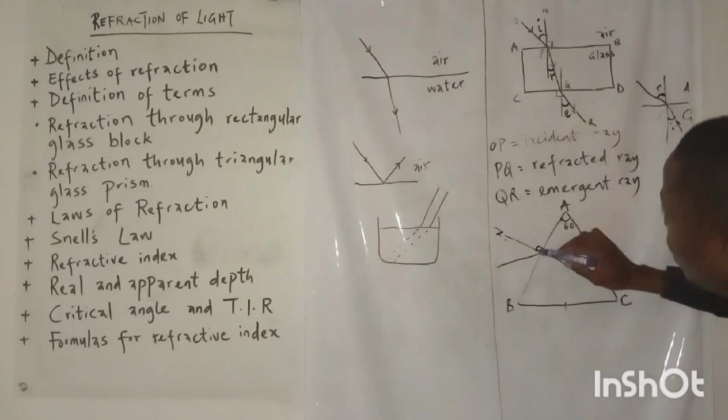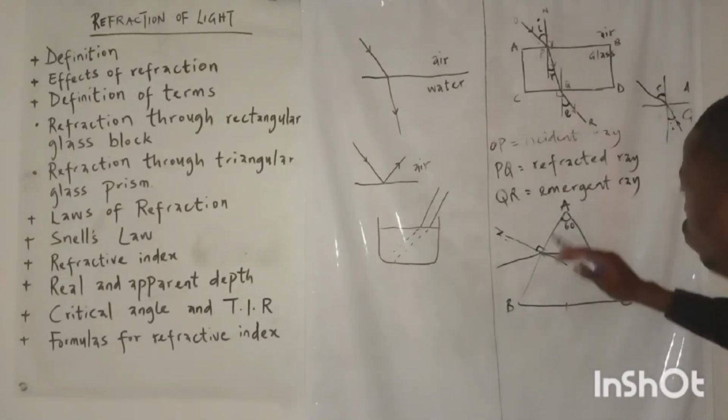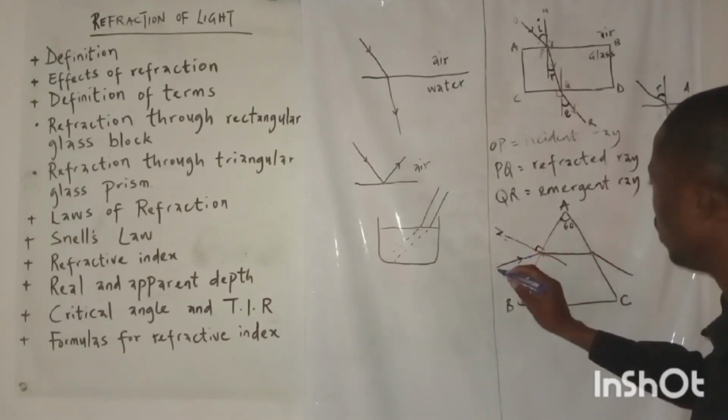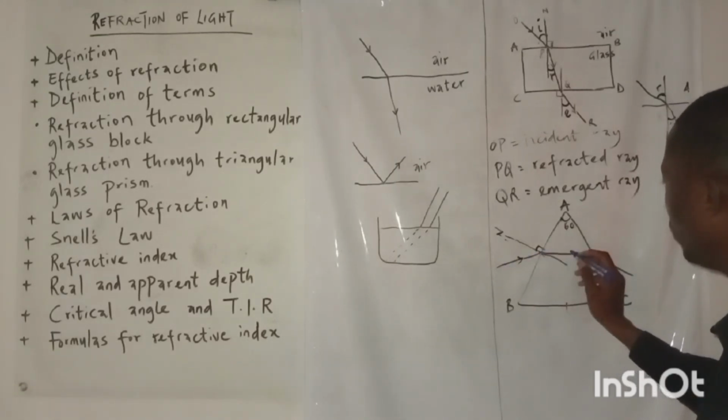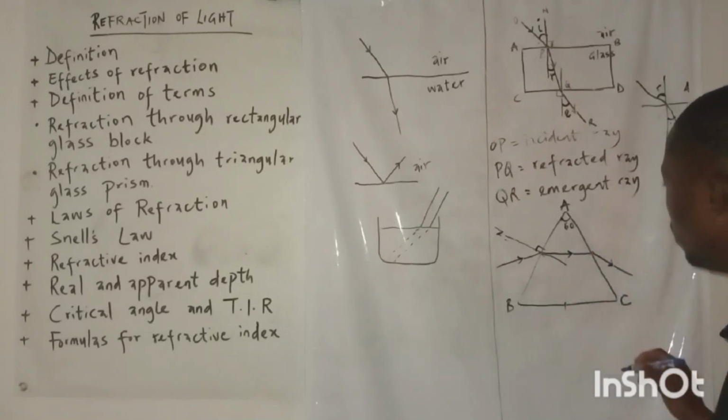Our normal is always at 90 degrees to the boundary surface, the boundary between the two media. Then this is our incident ray. It travels, and at this point it bends. This is our refracted ray, and this is our emergent ray.